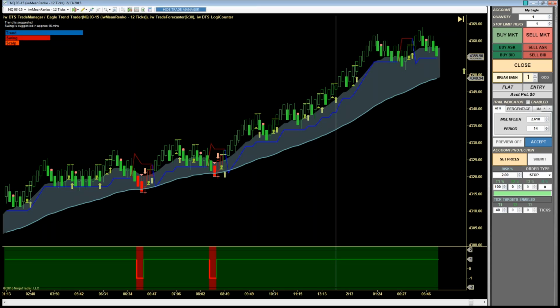Once again, most of the time we're looking for confluence in signal. I'm going to show you an alternate signal here in a moment. So we've got green bars, green filter. This band that you see running through the eagle, no, that is not an Ichimoku cloud.